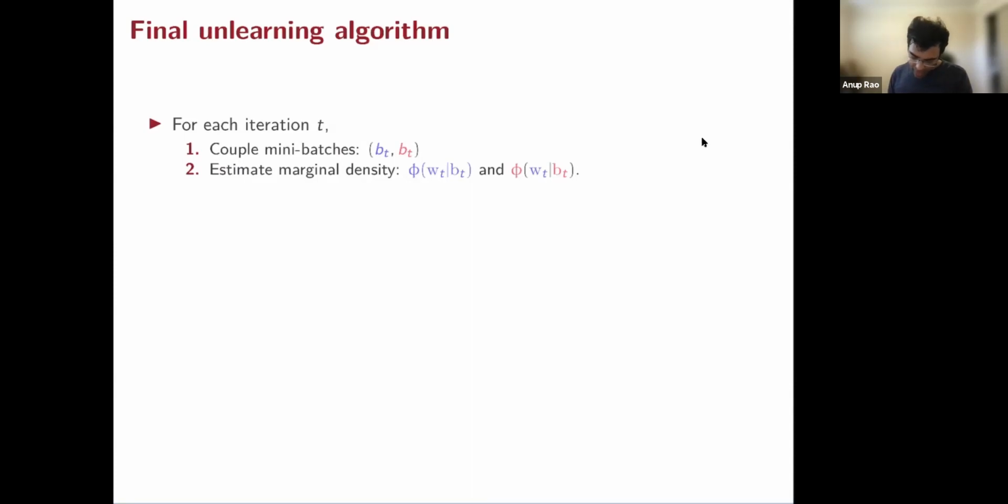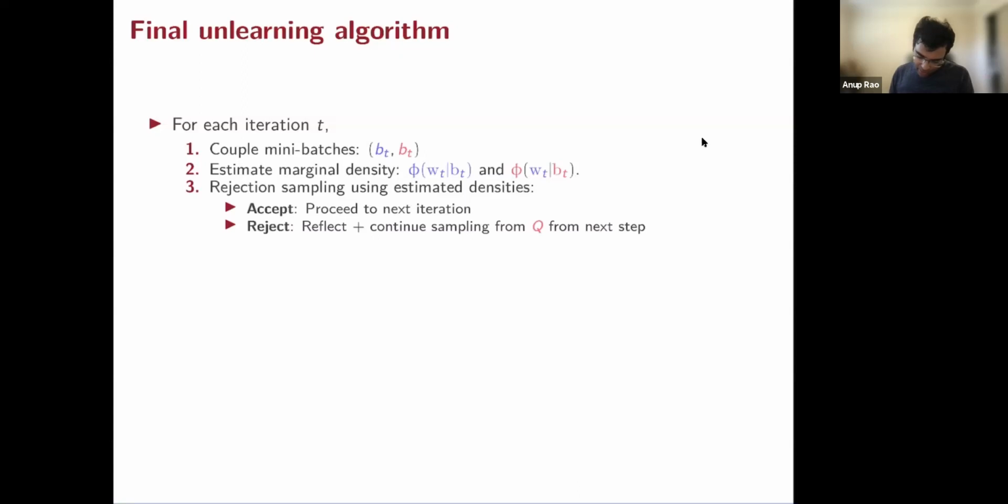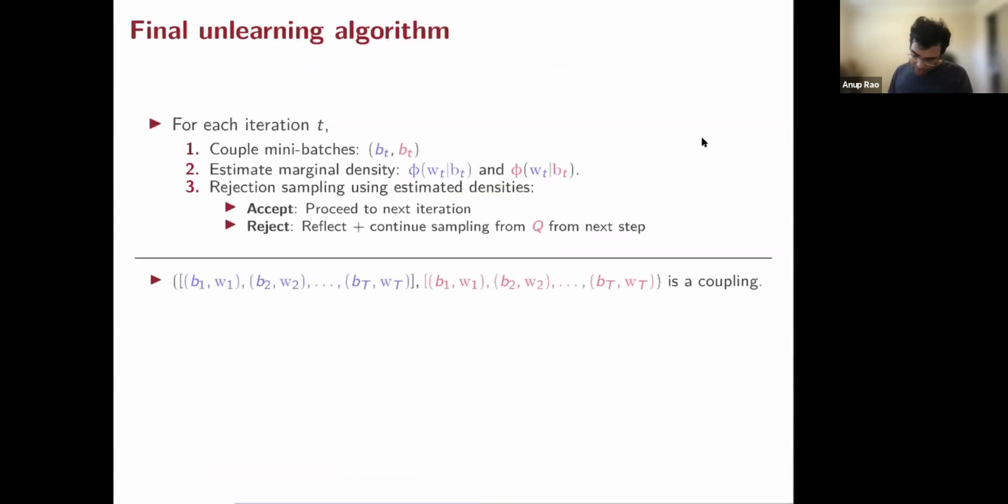We initially couple all the mini batch indices, and then we estimate all the marginal densities, and we do rejection sampling stepwise. If we accept, we proceed to the next step. If we reject, we reflect. We do reflection at one step, and then continue to train as if we are training on the data set S prime.